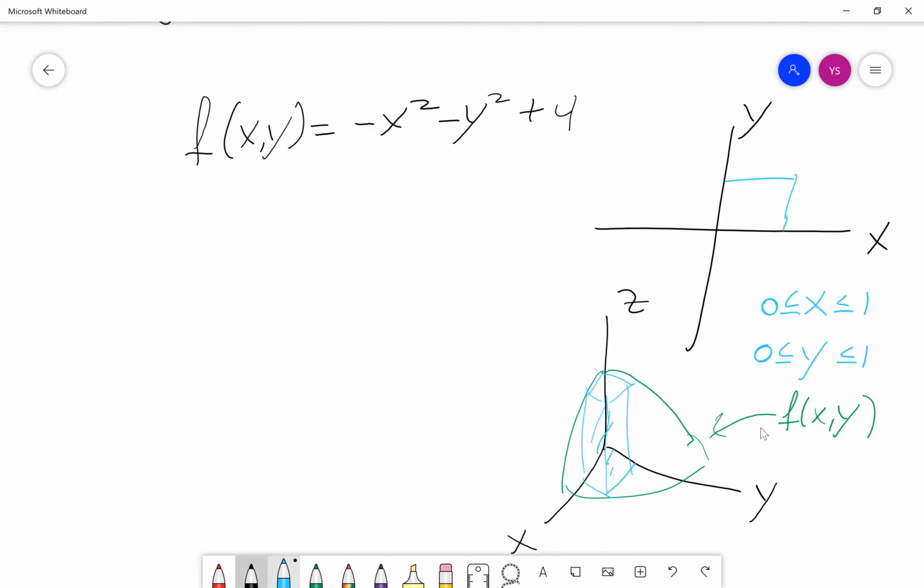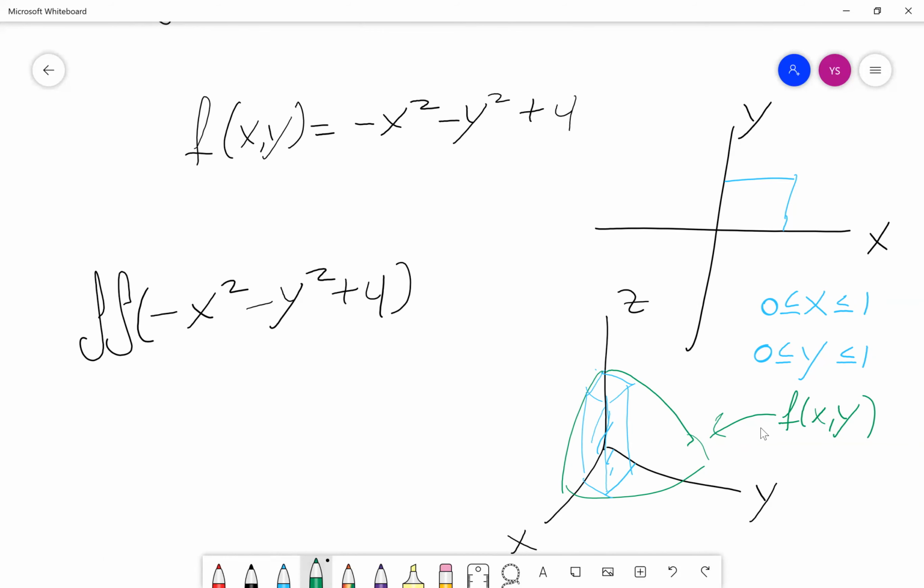So when we set this up, we have a double integral of f of x, y. Let me just put that in. So negative x squared minus y squared plus 4. And then we get to decide, do we want to integrate with respect to x first or y first? Later we'll see that this is going to get tricky, but right now, because we're in rectangular regions, where you have constants bounding your x and y, you can choose whatever you want.